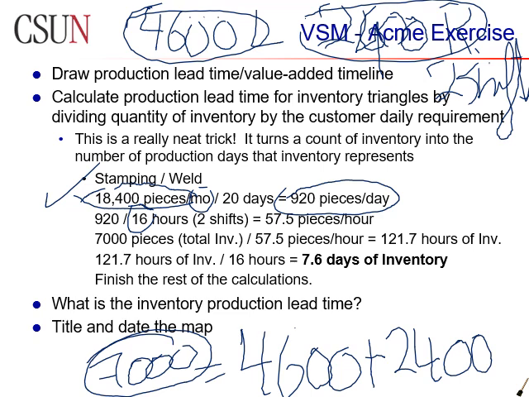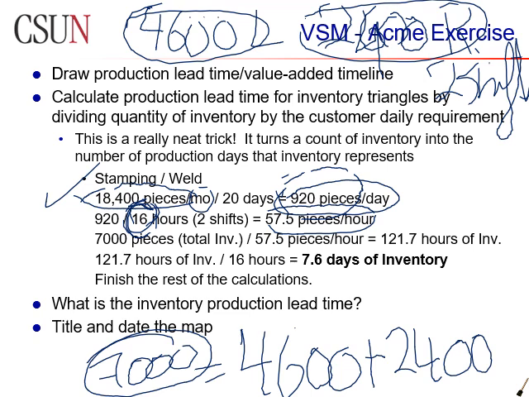So they need to produce 920 pieces per day. And because they're working 2 shifts and each shift is 8 hours, they are working a total of 16 hours. So they need to produce 57.5 pieces per hour.